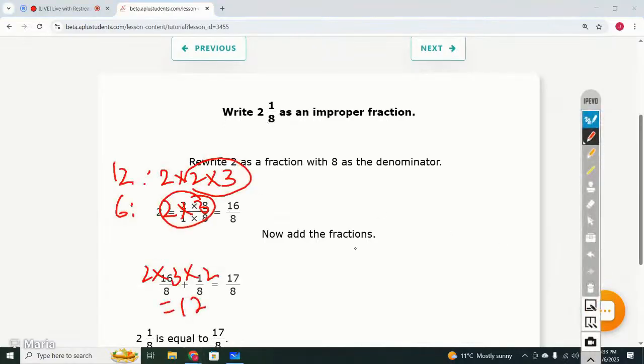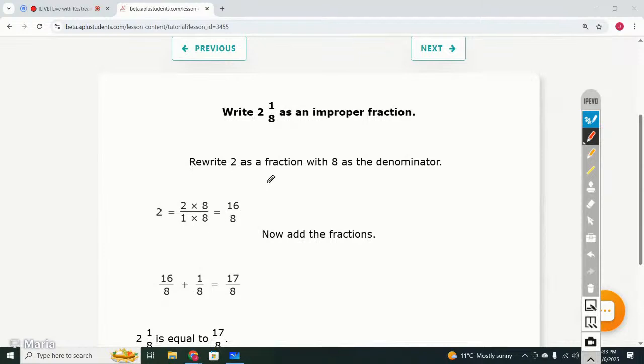multiply 2 times 8 divided by 1 times 8. That makes 16 over 8, right? So you have 16 by 8, we already have 1 by 8. So just add 16 plus 1 is 17 over 8.